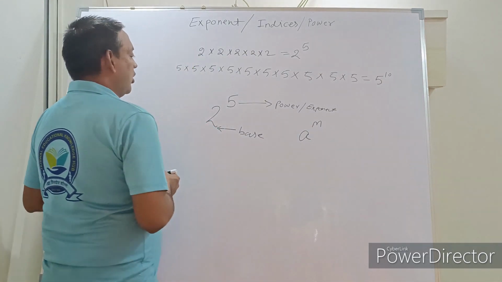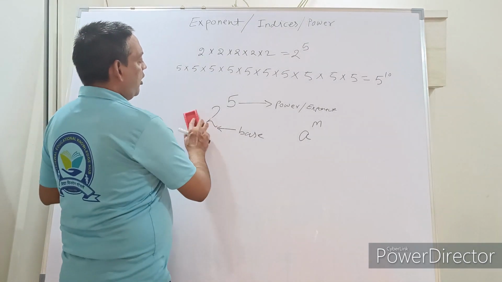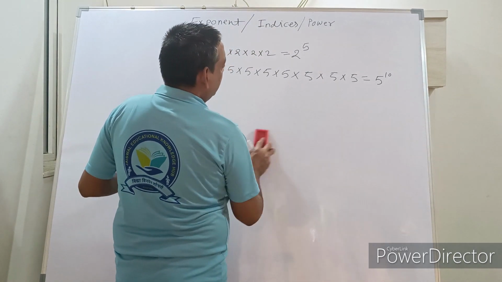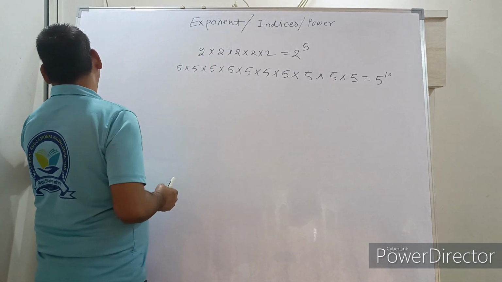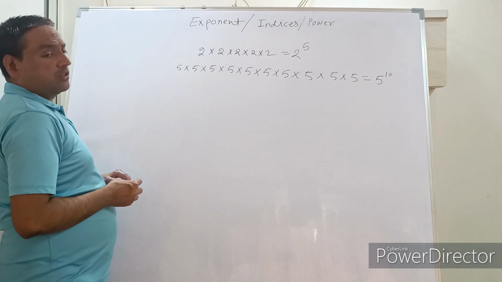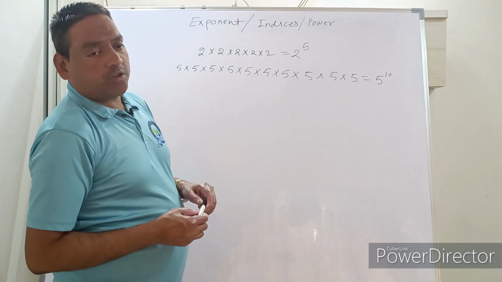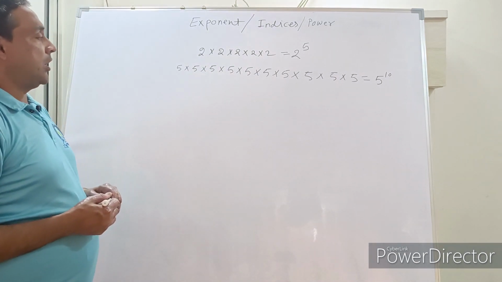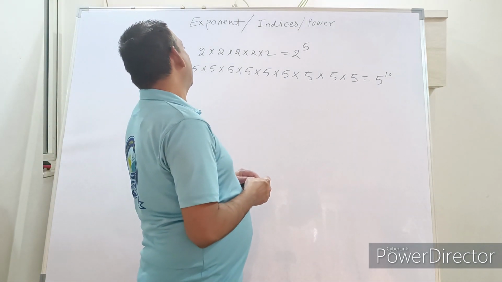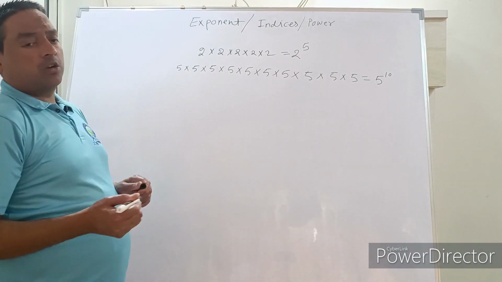Now here we have a few formulas. Once you know the formula, you can easily solve the sum. And in the indices chapter this formula is very important, and if you know the exponent properly, then you can easily solve the log also, because log and exponent are reciprocal, or correlated to each other.